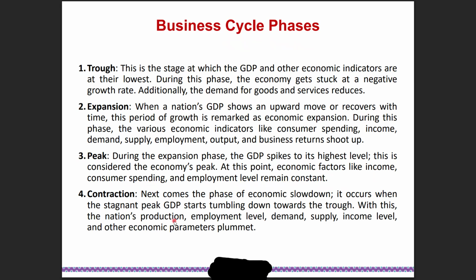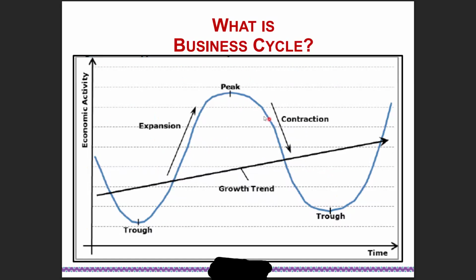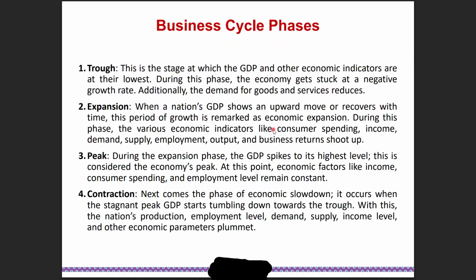And then you also have a contraction. Obviously, during the contraction, the economic activities start to decline again. So we start to experience low levels of employment, low income, things start to decline again. So next comes the phase of economic slowdown. It occurs when the stagnant peak GDP starts tumbling down towards the trough.